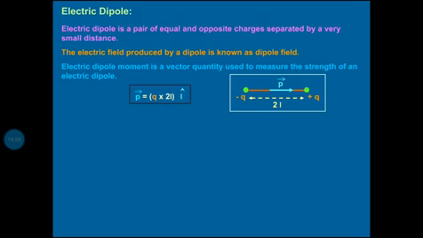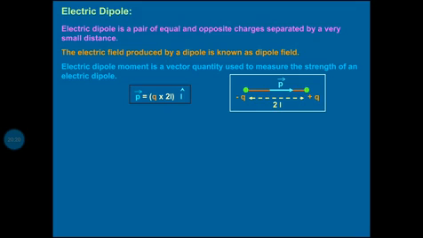Dipole moment P vector is equal to q into 2L i cap. Here i cap is the direction of P vector. So what is the magnitude of dipole moment? That is magnitude of charge, that is q, into the distance between these two charges.